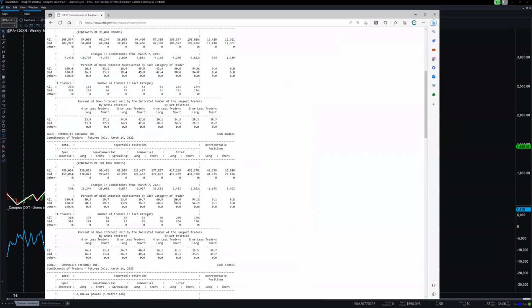Gold, there's 200 traders here, and here there were a lot more. So there's between 200 and also 400 participants. So there's a lot of participants.